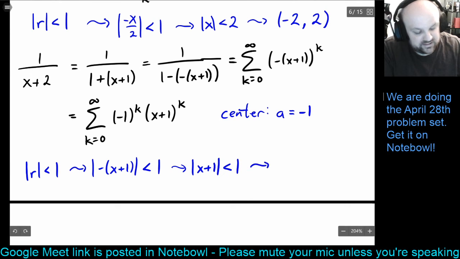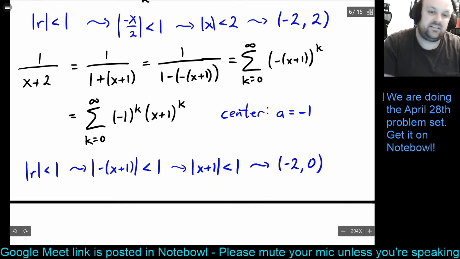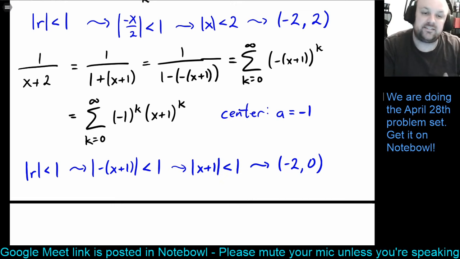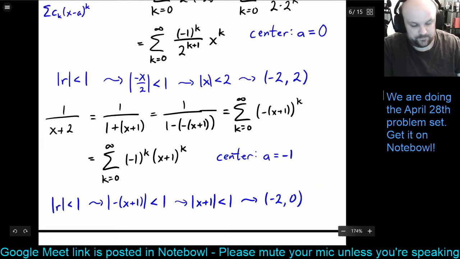That turns into: we can go 1 below negative 1, and we can go 1 above negative 1. So the interval on which this series is valid is from, sorry, negative 2 to 0. And that's all because the center is different.